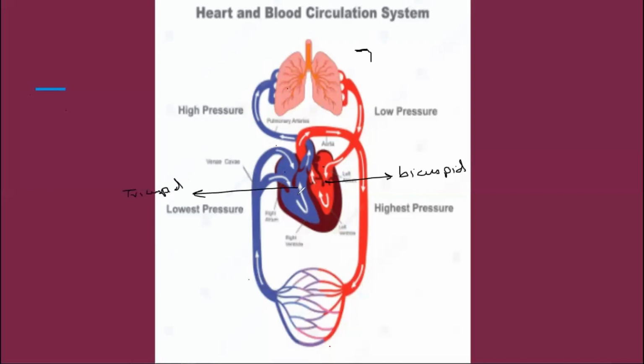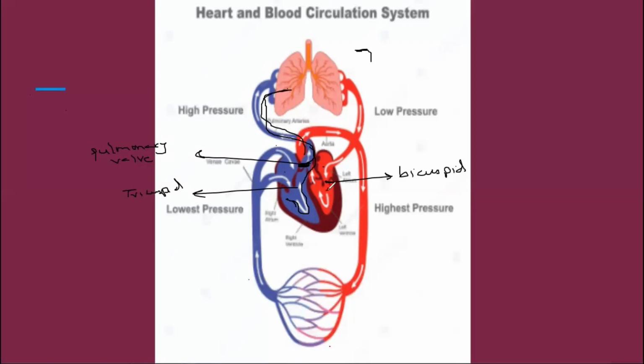Apart from these two valves, when the right ventricle is contracting and the deoxygenated blood is going to the lungs, over here there is a pulmonary valve. This is the pulmonary valve which will let the blood go to the lungs and should not return back.